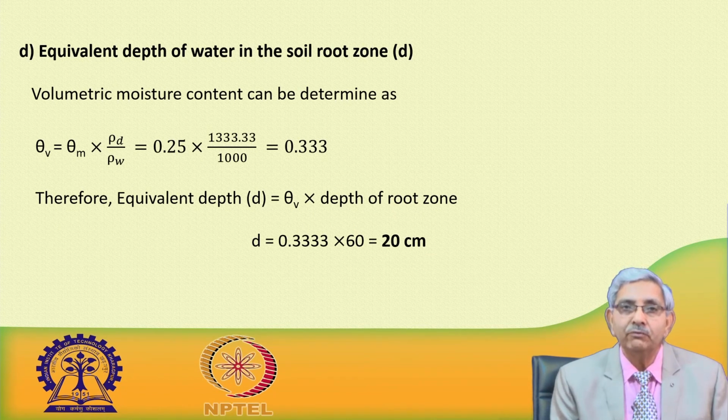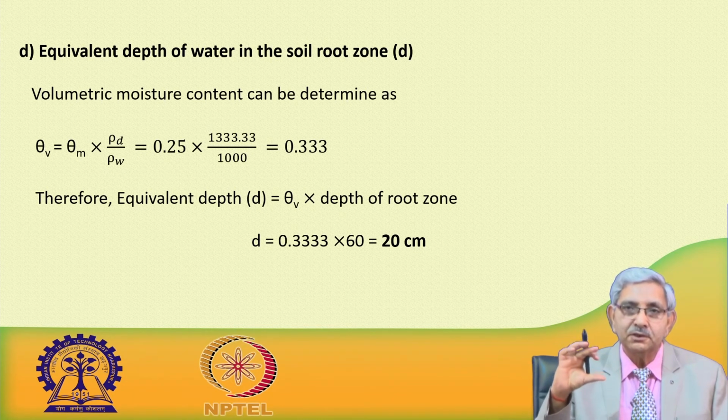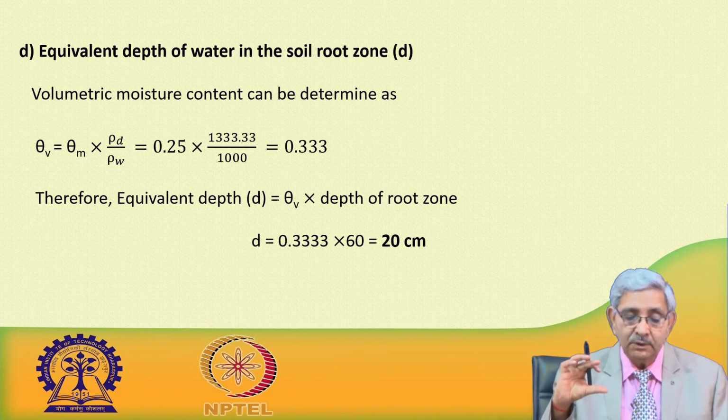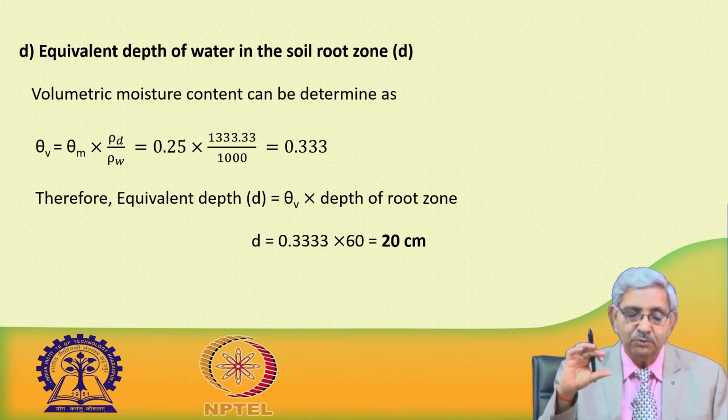Now, when we want to find the equivalent depth of water in the soil root zone, or we can say when we are considering 60 centimeter of the soil column, what is the volume of water which is available?